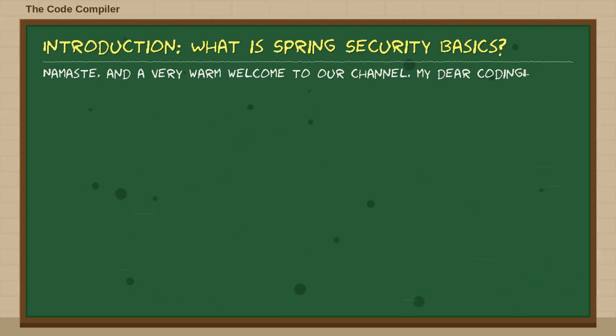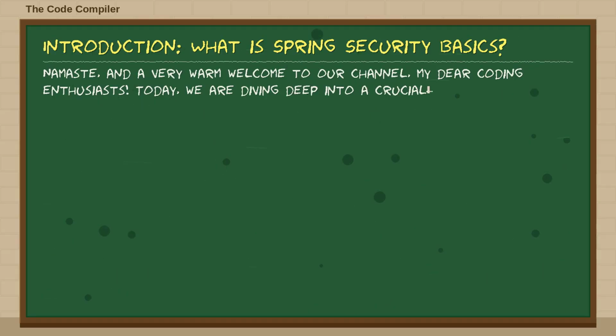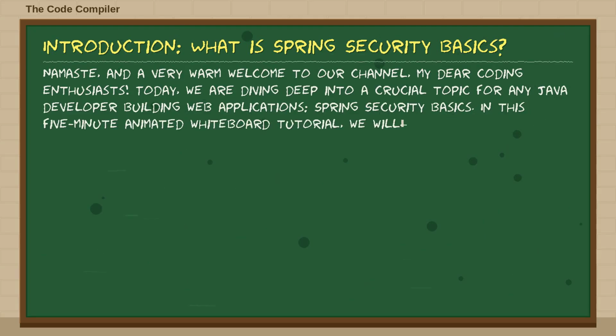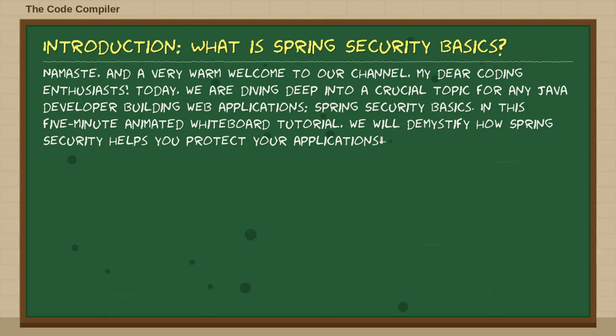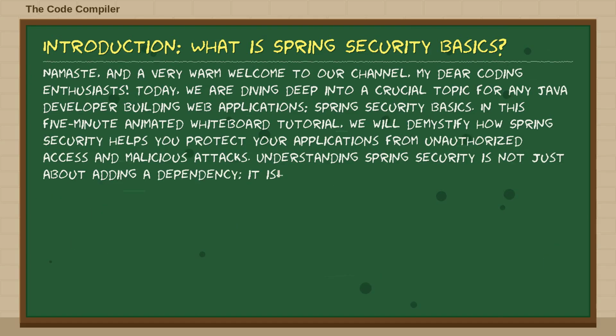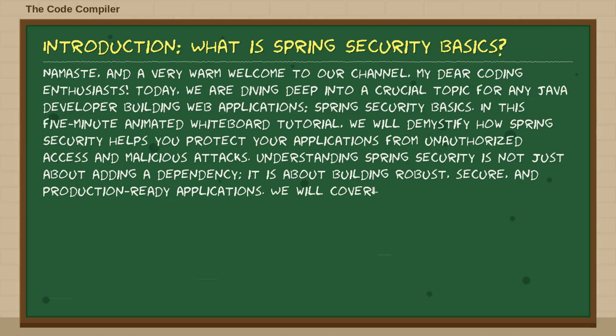Today, we are diving deep into a crucial topic for any Java developer building web applications, Spring Security Basics. In this 5-minute animated whiteboard tutorial, we will demystify how Spring Security helps you protect your applications from unauthorized access and malicious attacks. Understanding Spring Security is not just about adding a dependency, it is about building robust, secure, and production-ready applications.